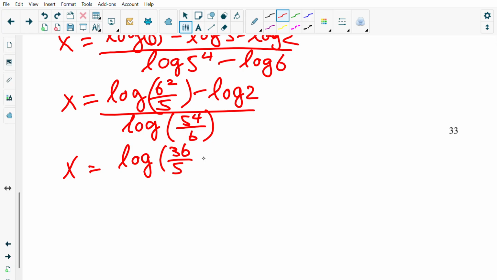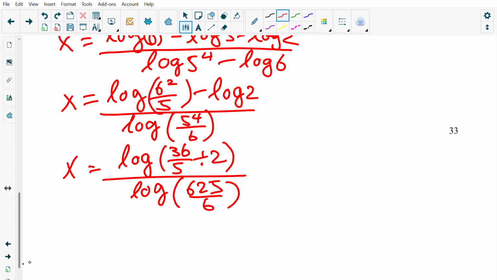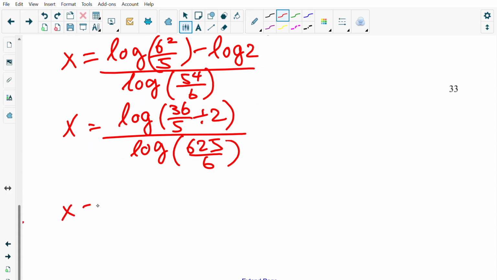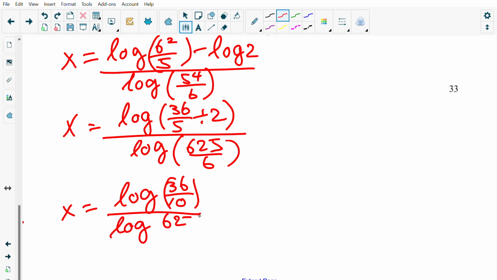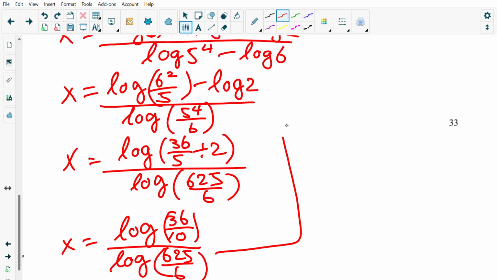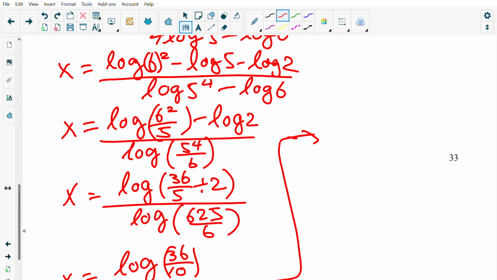Okay, x equals log of, let's do more quotient law, log of 36 fifths divided by 2. Okay, and then log of 625 sixths. x equals log of 36 tenths divided by log of 625 sixths.